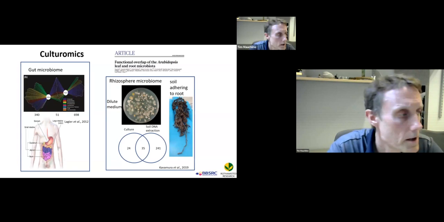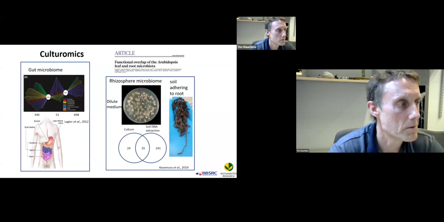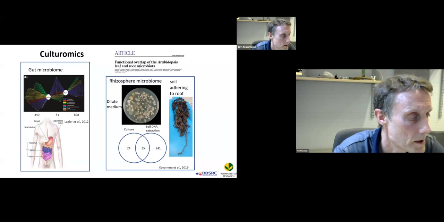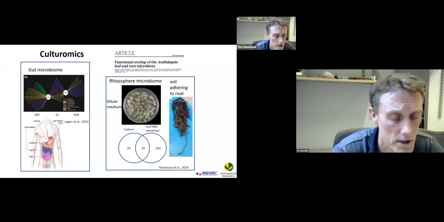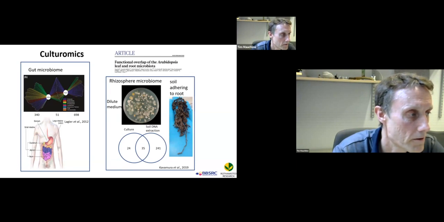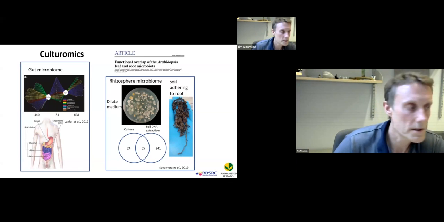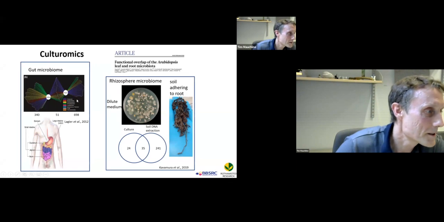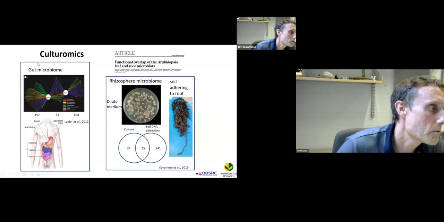Moving on to another type of approach, what we call culturomics. This is essentially where we look at the culturable part of the microbiome. This has been done quite in depth for the gut microbiome.